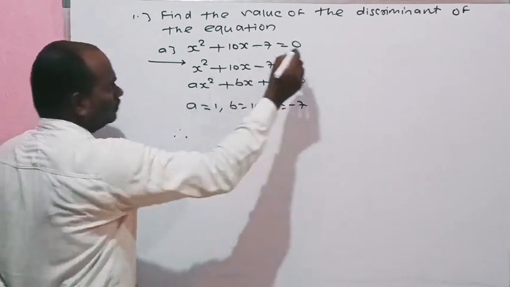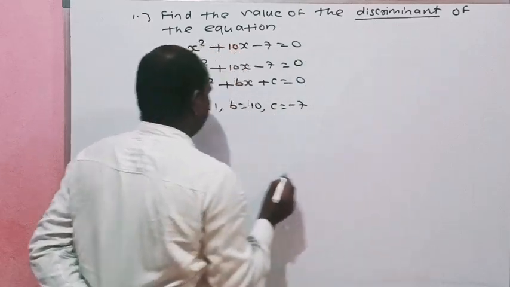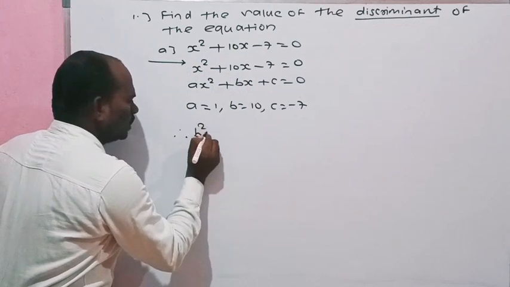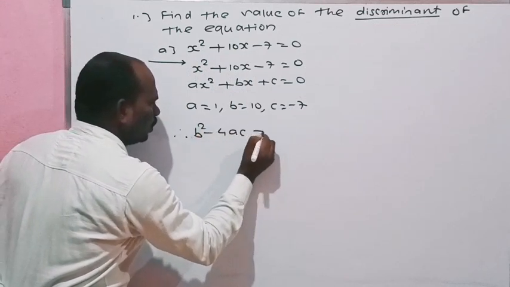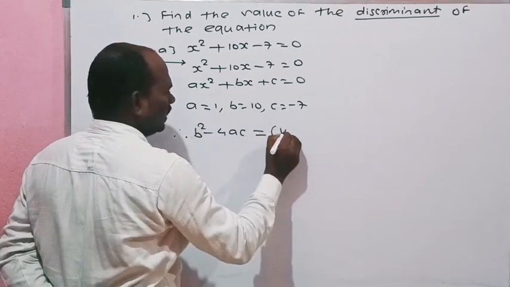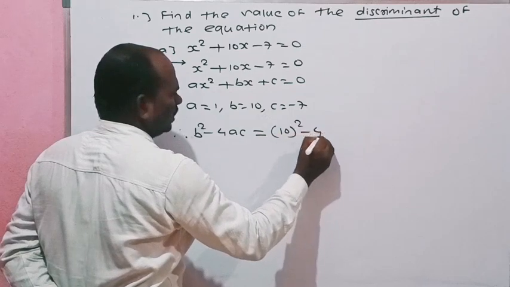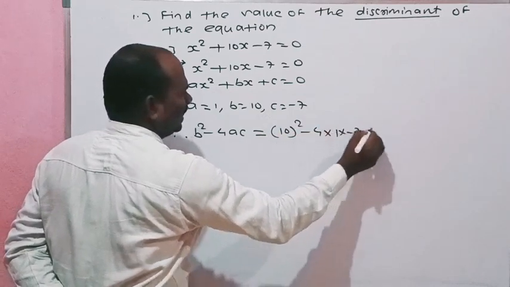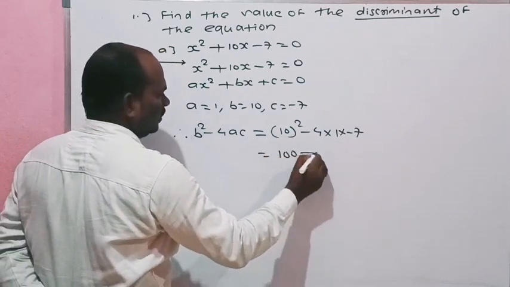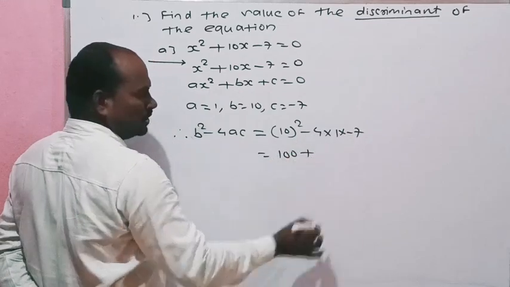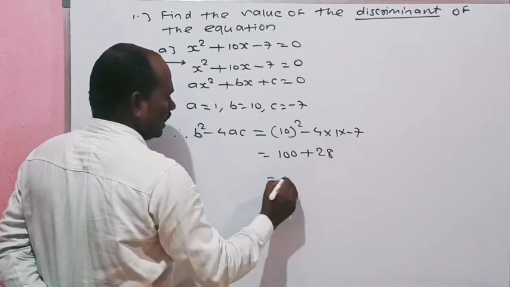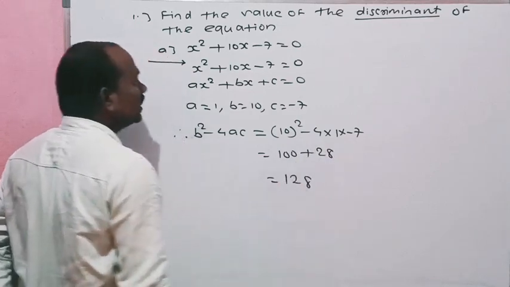The value of discriminant b square minus 4ac is equal to 10 square minus 4 times 1 times minus 7. Therefore 10 square is 100, minus minus plus, 7 ones are 7, 7 fours are 28. The answer will be 128.